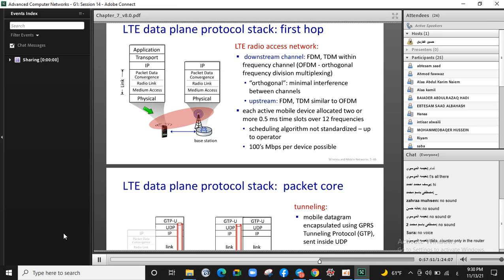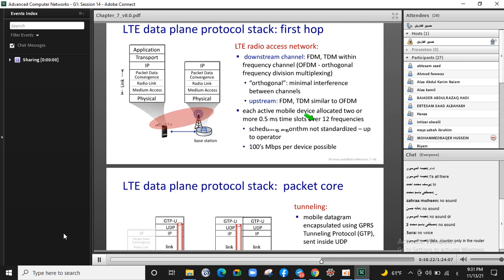When I'm trying to make a phone call over a 5G or 4G technology, my mobile device, the base station, can assign some frequency bands. They will assign some frequency band for me.